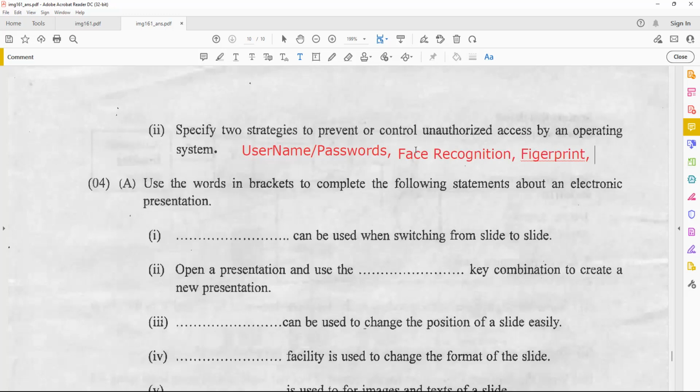Is that all? You can use username and password, that is traditional. Nowadays computers have web cameras that can recognize our faces. Sometimes you have a fingerprint identifier which identifies your fingerprint. What else? Yes, even voice recognition.